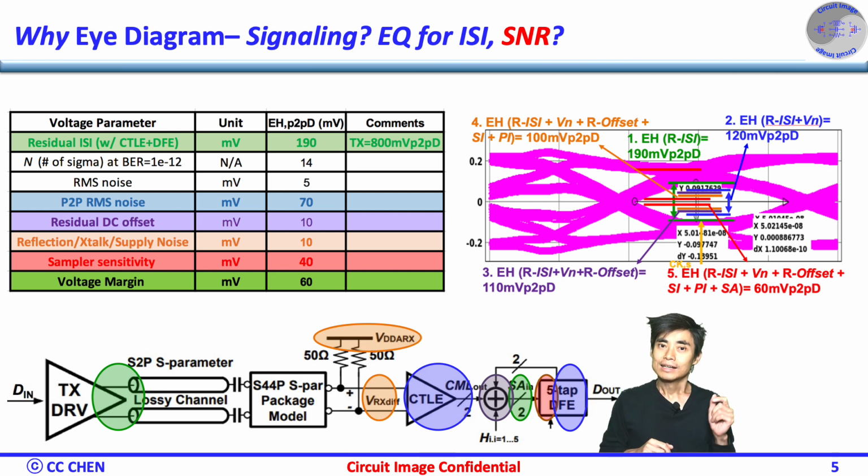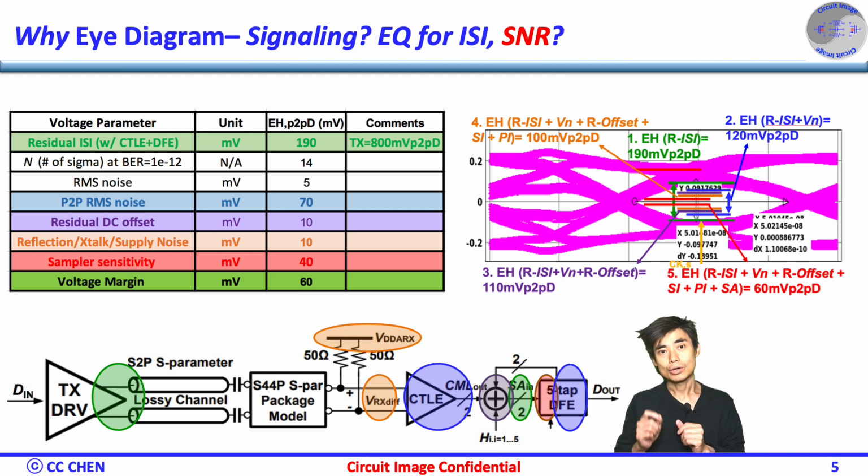Second, the random noise from the circuit would be 5 mV RMS. Under bit error rate equals 1e-12 of the PCIe 3 specification, the peak-to-peak noise would be 70 mV from 14 times 5 mV. Third, the residual offset after the DC offset cancellation could be 10 mV peak-to-peak differential.